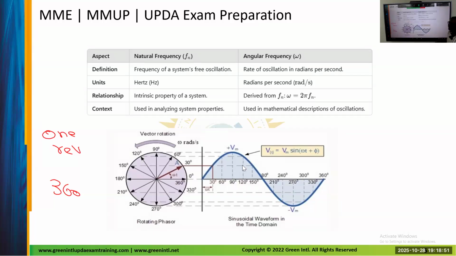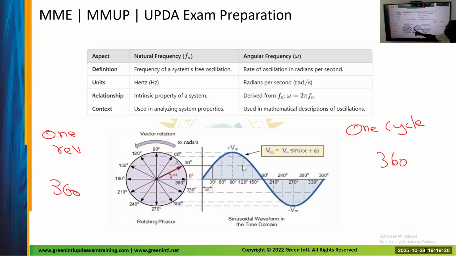When we come to the electrical quantity, instead of one revolution, we say one cycle. Here we call it one revolution, here we call it one cycle. One cycle, what is the angle? One cycle means one complete thing. So here also we say one cycle is nothing but 360 degree. Here 360 mechanical degree, here 360 electrical degree.